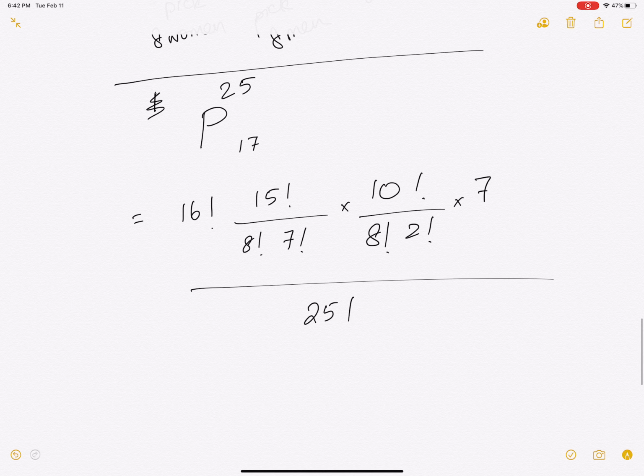It'll be 25 factorial over 8 factorial. Okay? So that's the final answer. Of course, you can do some simplification over here. A lot of stuff will cancel out. Okay? All right.